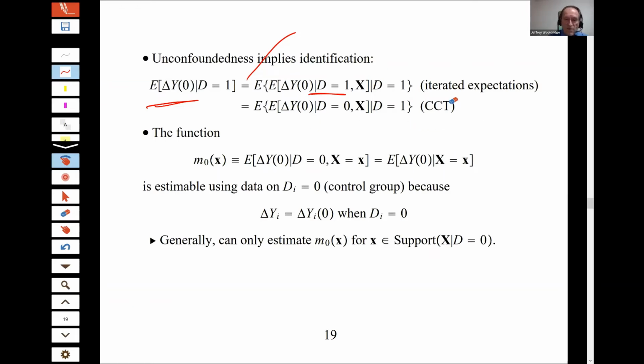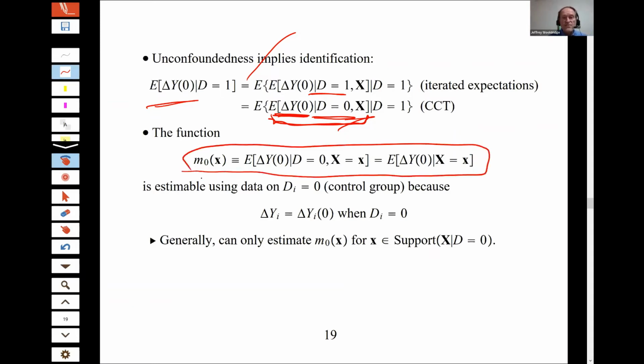But now this thing within the braces here, I can estimate, because I observe this change for the control units, and I have to condition on the X's, but we know how to do this via regression analysis. So this conditional mean function is estimable using the control group because we observe this change exactly when we need it.